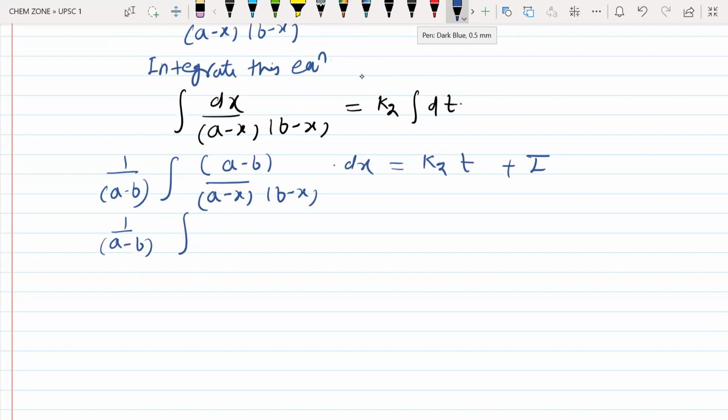Now, see, a minus b can be written as, we add x and subtract x at the same time.